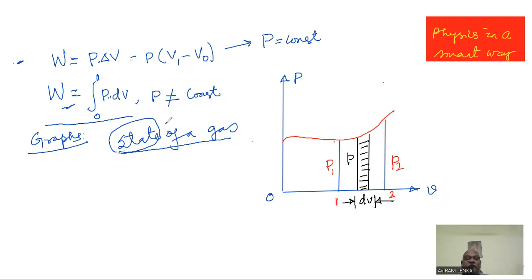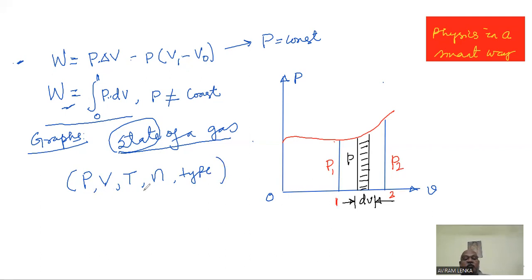The scientific state of a gas is usually expressed by scientific parameters like the pressure of a gas, volume of a gas sample, its temperature, quantity of the gas, that is number of moles, n, and the type of the gas, what type the gas is, monatomic, diatomic, like that.